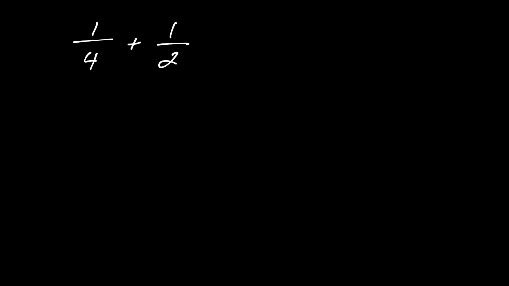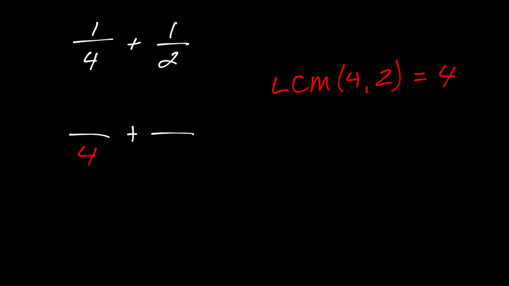So the way I always show this is just rewrite your fractions, and then you have to find the LCM, right? What is the LCM of 4 and 2? Well, that's a 4. So what we need to do is put a 4 in the denominator of both these fractions. So the first fraction doesn't change, it's still 1/4.